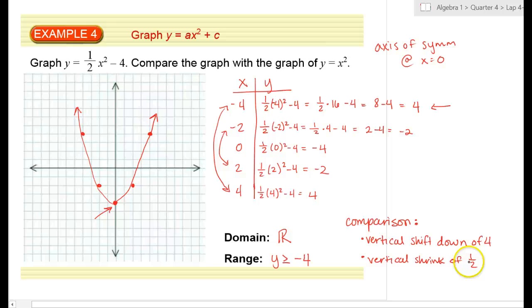And again, if you're having trouble seeing the vertical shrink, just look at your A value. My A value is 1/2, which means it's a vertical shrink.